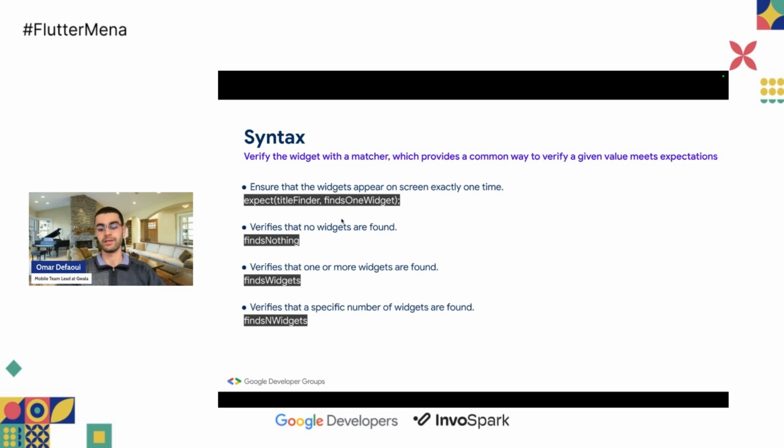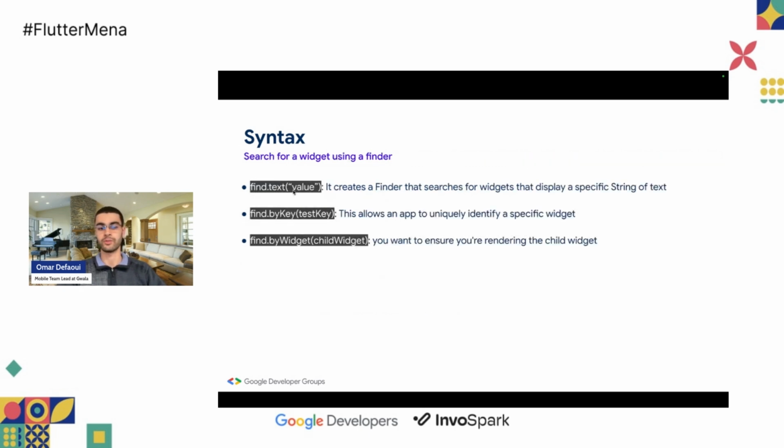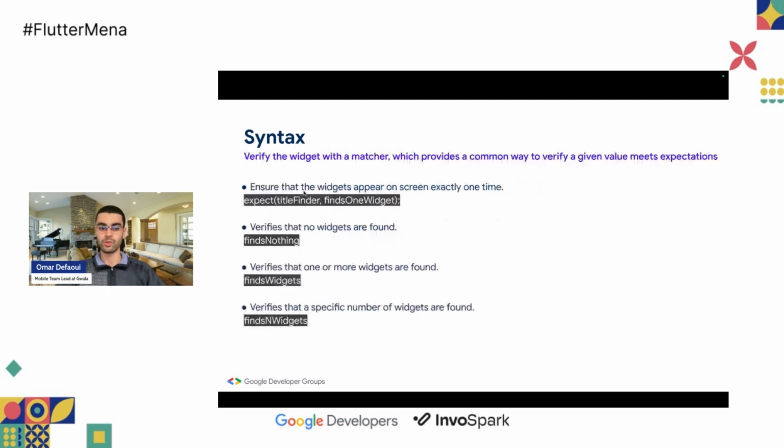For example, if we are trying to search by text and we want to find the button login, we will say find that text login. But of course, we need to find only one widget that contains the text login. And of course, it depends on your use case, so you can have more than one instance of this widget. But I'm talking in general, you should only find one widget. So we should expect that you find only one widget that contains the value login.